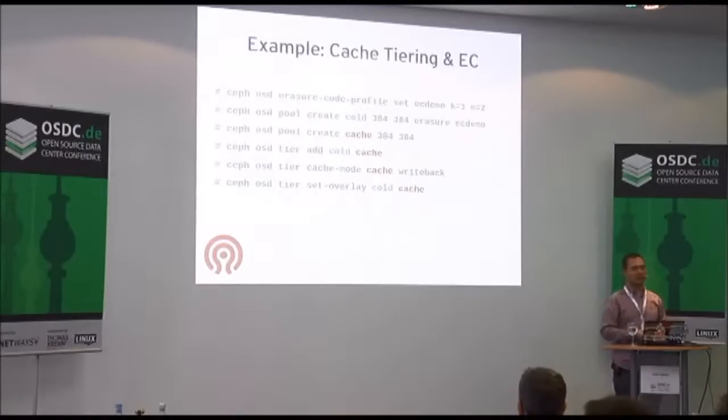And then similarly to what we did with CephFS, we create a pool for the cold tier, we create a pool for the cache tier, and we use a few more commands to associate them with each other. And from that point onwards, any application that accessed the tier that I called cache would be entirely unaware that there was also a cold erasure-coded pool sitting beneath it. So you have a total abstraction beneath the cache tier in that case.